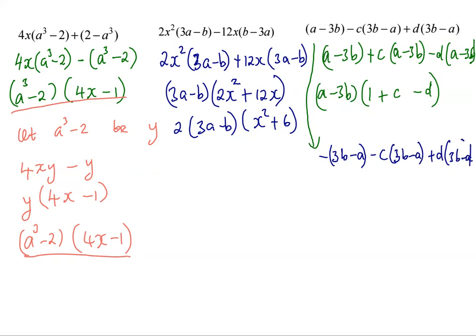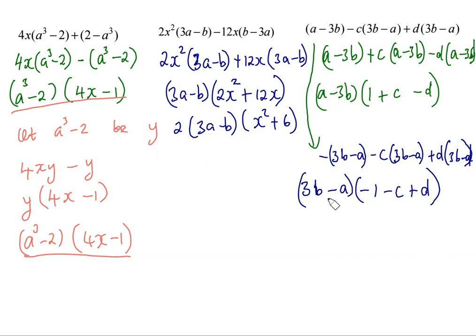Then here, we're going to have 3b minus a common. 3b minus a, we'll put it in bracket. Then we're left with negative 1, negative c plus d. So this is the same answer as we are having here. So it's up to you, whichever way you do it, you still get the same answer, okay?